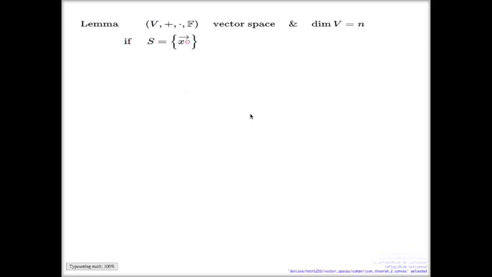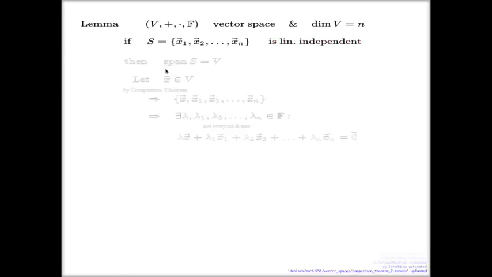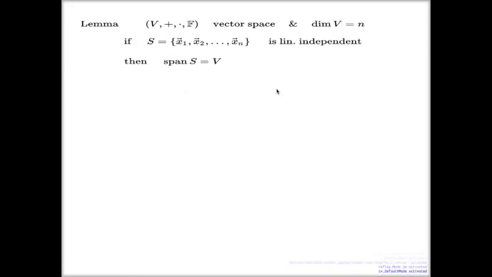The lemma says this: if we have n linearly independent vectors, then this linearly independent set will be spanning all the time. Once again, the first comparison theorem, the one I just showed you on the slide before, tells you that a linearly independent set never exceeds in size a spanning set.